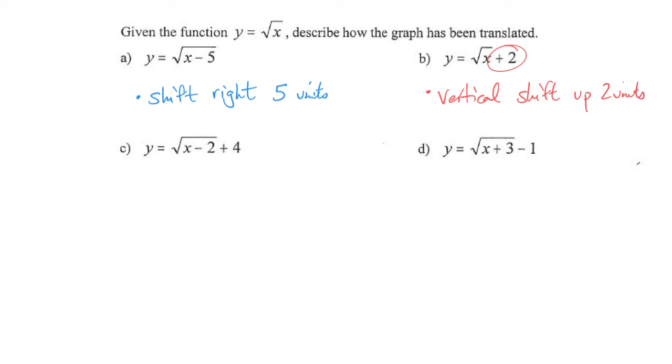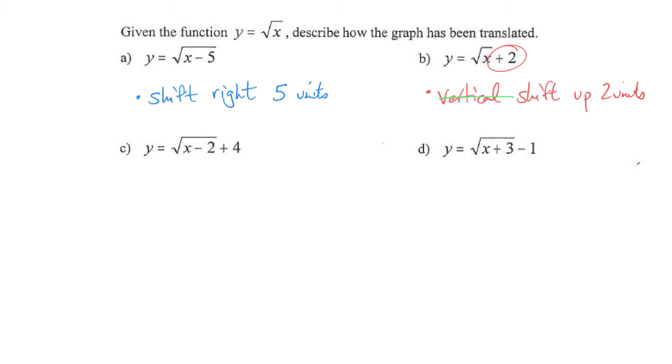Since you have to give me the direction, which means you gotta tell me up, then don't write in vertical. Like you can't vertically shift something left. So as soon as you say shift up, then we know it is a vertical shift. Okay, let's make sure that we're not being redundant with our statements.